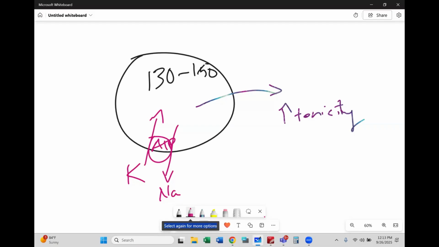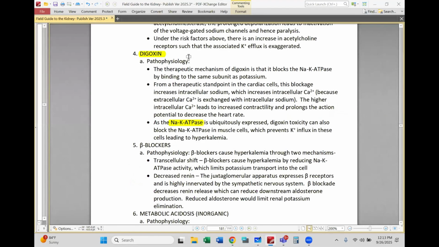So it stands to reason, if I reduce the activity of this transporter, then the compartmentalization of K in the cell is inhibited and the ECFK concentration can therefore rise, okay? So again, dig toxicity is a known cause of transcellular K excess or inhibition of transcellular transport of K, resulting in an ECFK concentration that is quite high.